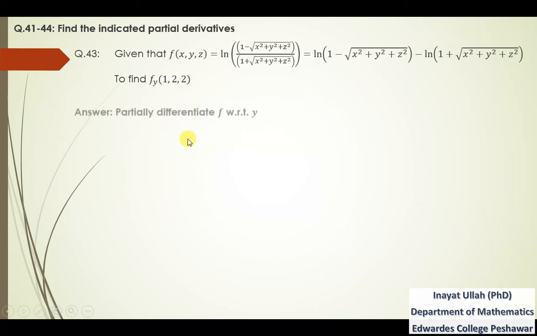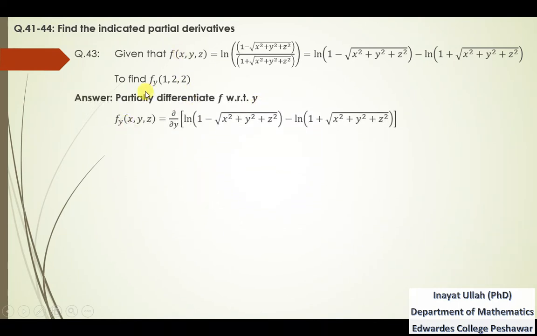So partially differentiating this function with respect to y, we get fy of x, y, z equals del y of this whole function. Now using the formula for log of u, and the difference rule, it is del y of this function minus del y of this function.